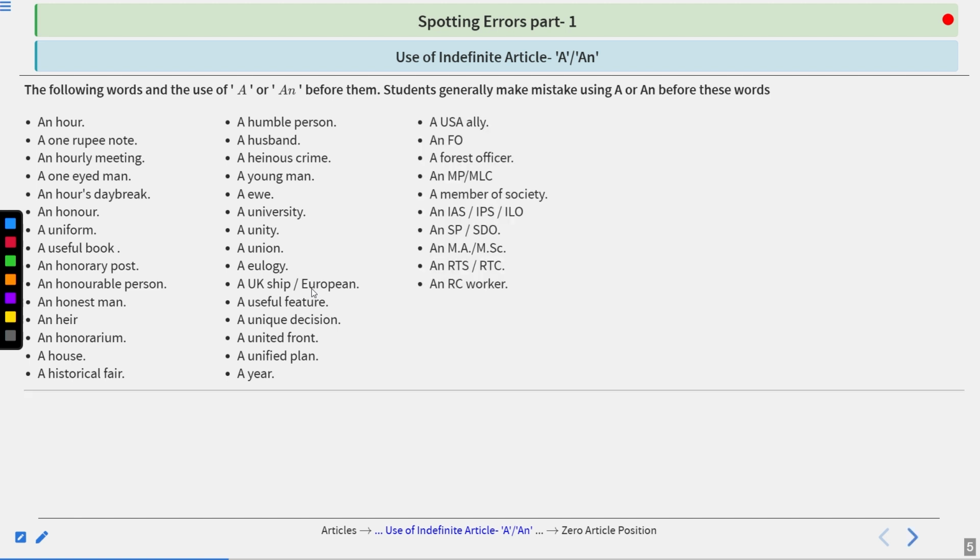Some others: an FO, a forest officer, an MP or MLC, a member of society, an IAS, IPS, an SP, an SDO, an MA, an MSc, an RTS or RTC, an RC worker. Hope you have understood.